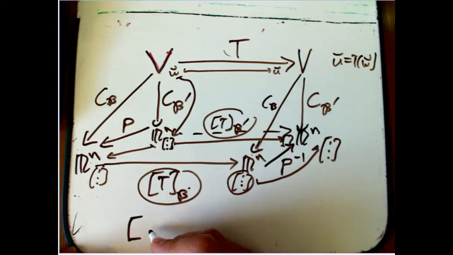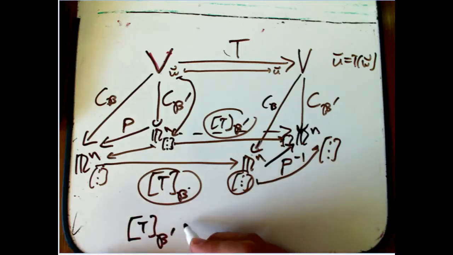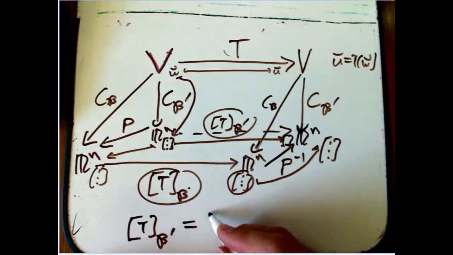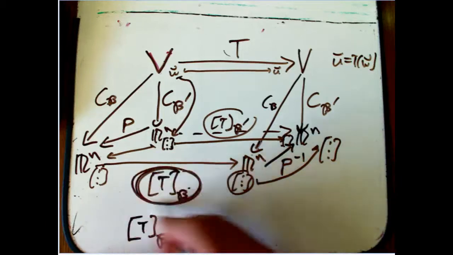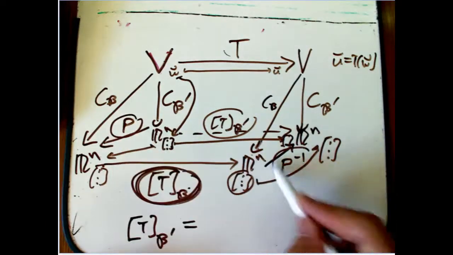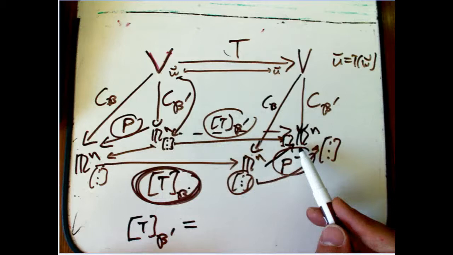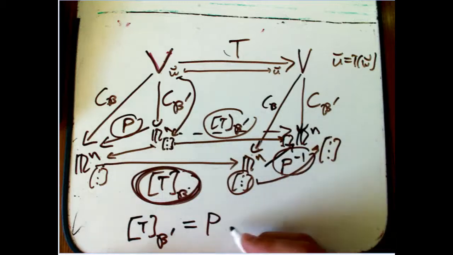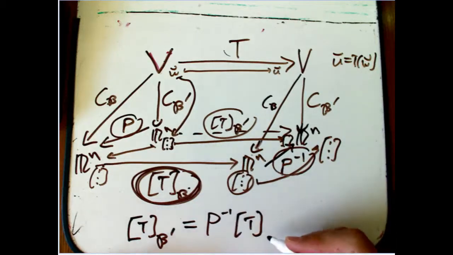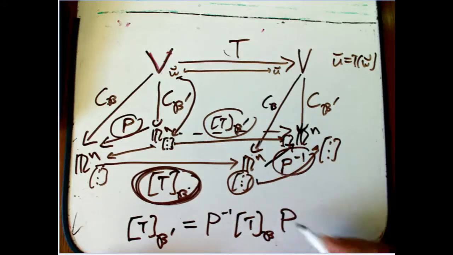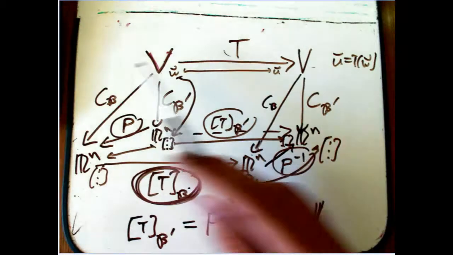It says that if you want to calculate, say, the B prime version of T, and suppose you have this matrix, and you have this matrix, and you have this matrix. Oh, you've got three sides of this square. Okay, so this is just going to be P inverse T_BB. This is just a statement about matrix multiplication. So this is something you could program on a computer that doesn't understand about abstract vector spaces.